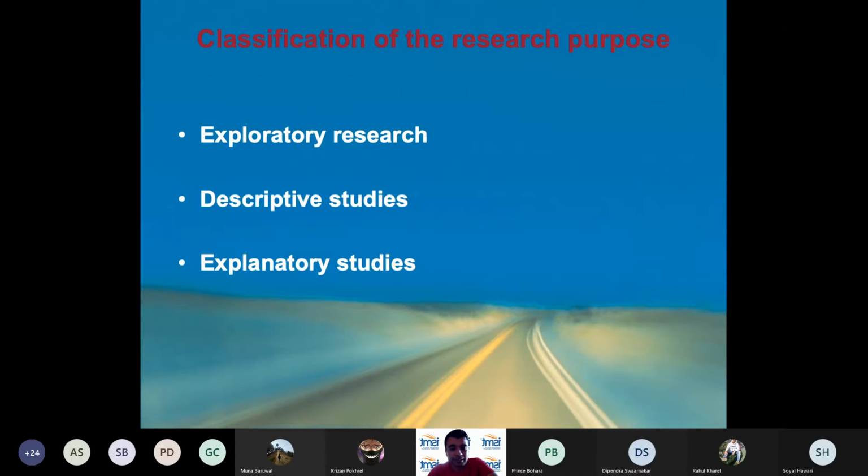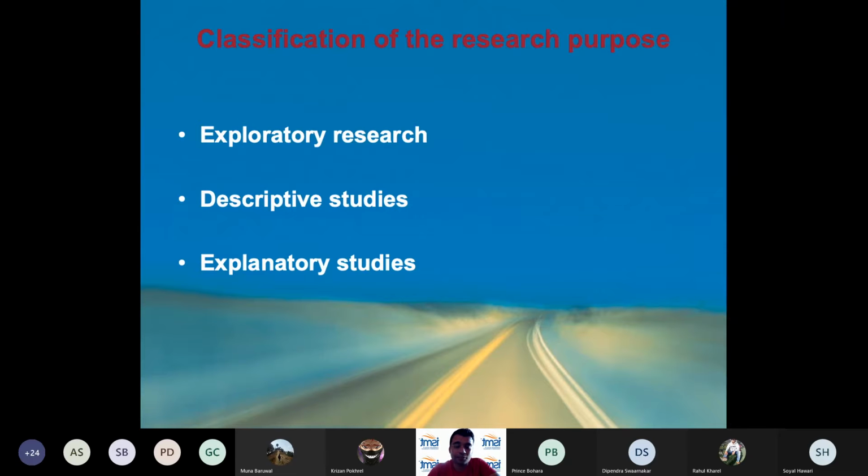In a descriptive study, you provide a description of the phenomenon or the variables that you found in exploratory research. Suppose you say that 80% of students are affected by excessive use of technology, that is the exploratory research.